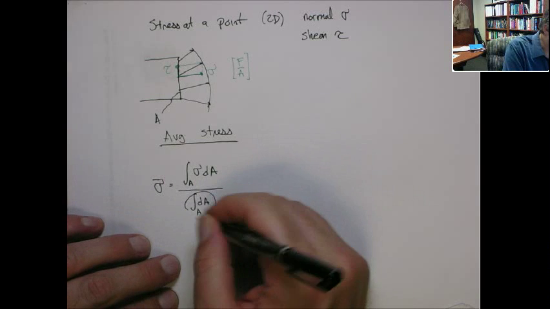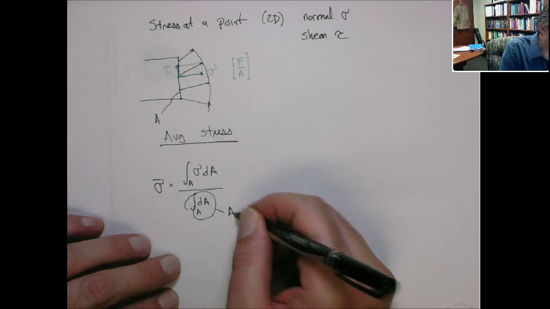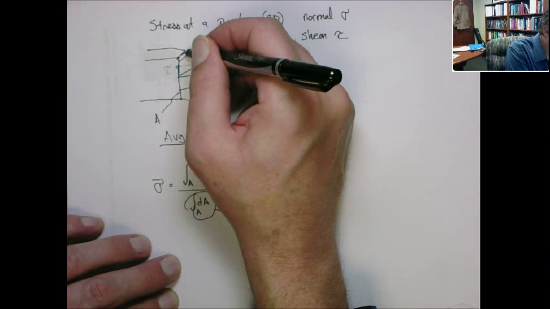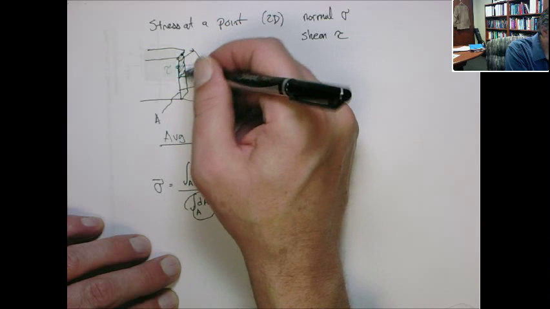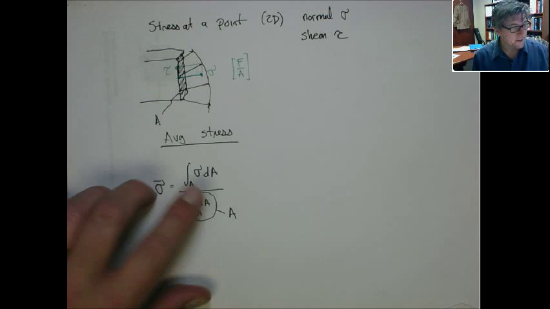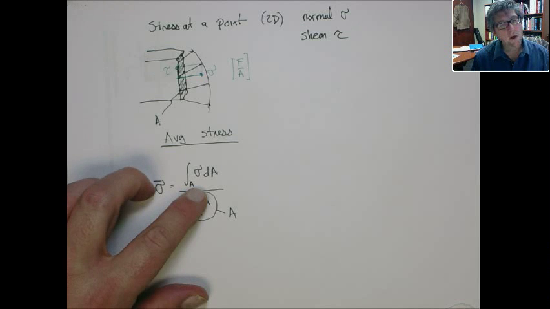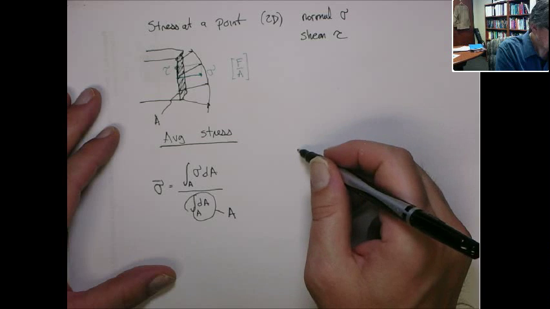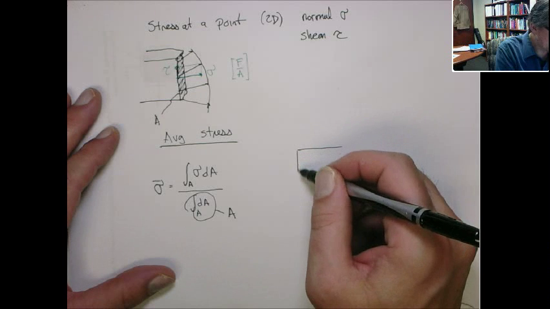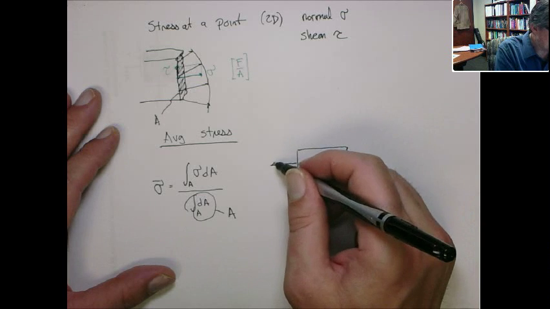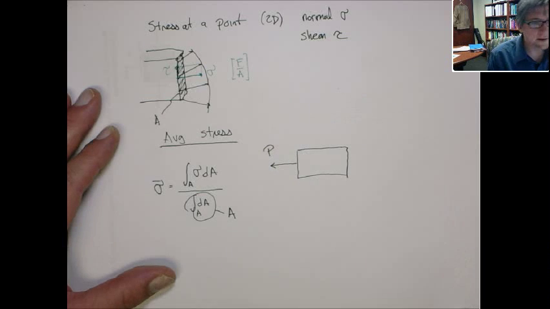So this term down here is obviously just the area of the exposed surface, the cut area. Now, what about this top quantity? Well, let's look at a simple part in tension, a component like this, and there's maybe an external load P applied.